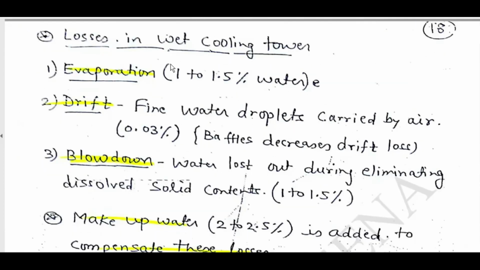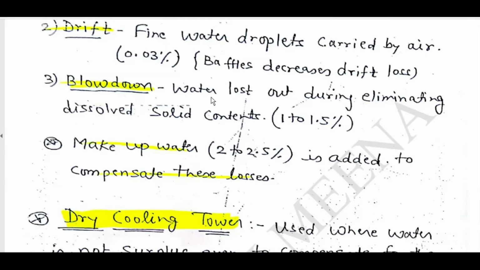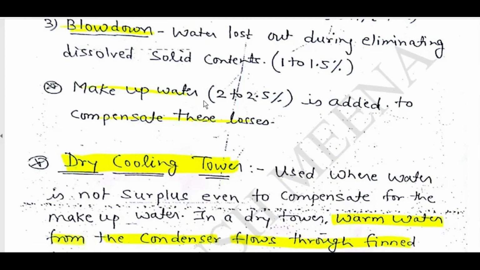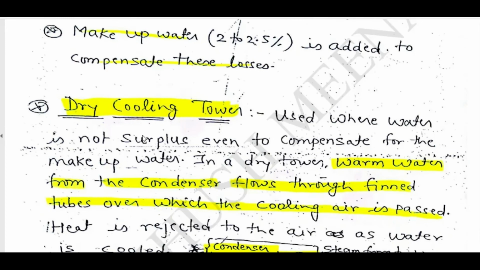Losses in wet cooling tower: evaporation 1 to 1.5% water; drift, fine water droplets carried by air, 0.03%, baffles decrease drift loss; blow down, water lost while eliminating dissolved solid contents, 1 to 1.5%. Makeup water 2 to 2.5% is added to compensate these losses.